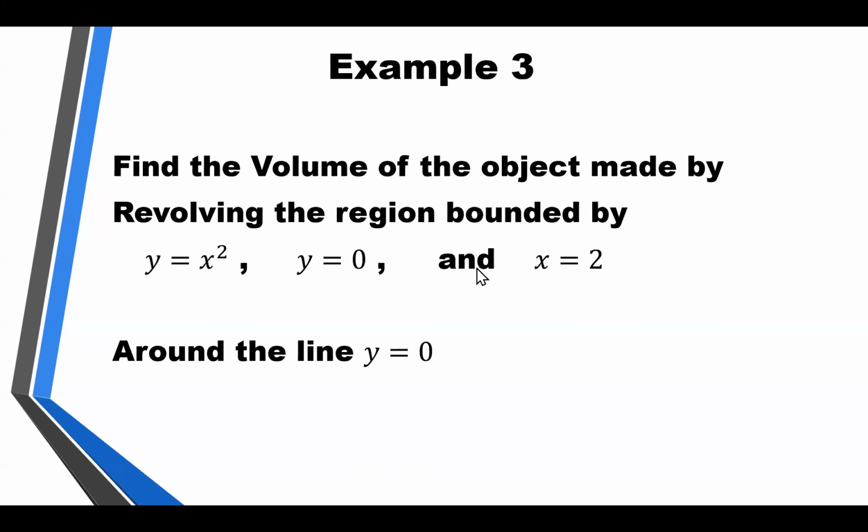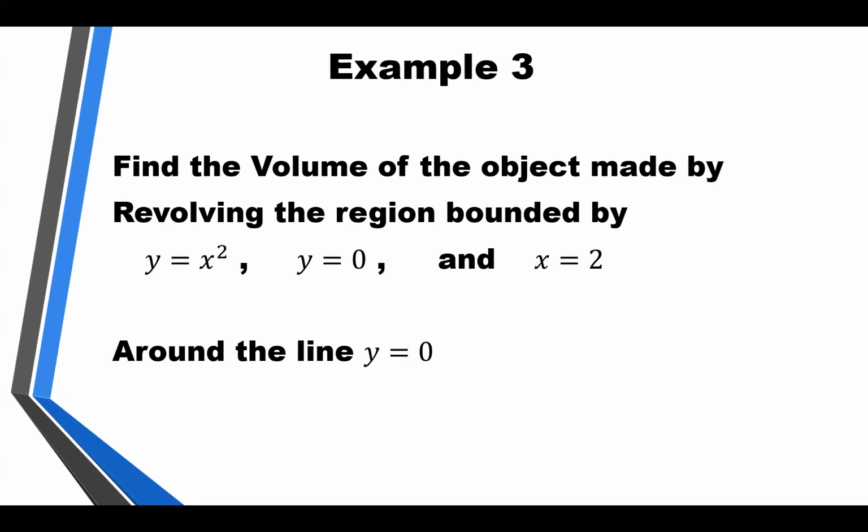Let's take a look at another example, and let's use a different curve. Let's take the region bounded by y equals x squared, y equals 0, and x equals 2. That's the initial region that I graphed, by the way. And let's create an object by rotating it around the line y equals 0.